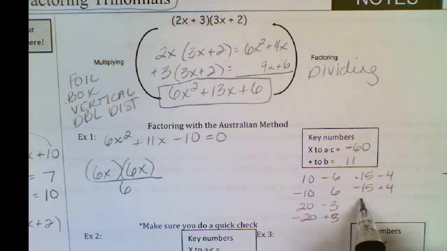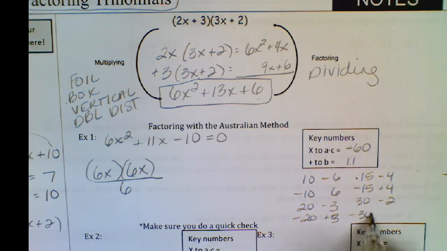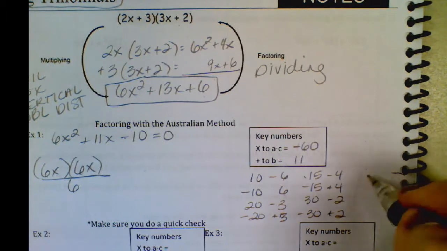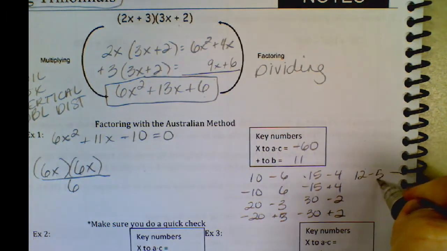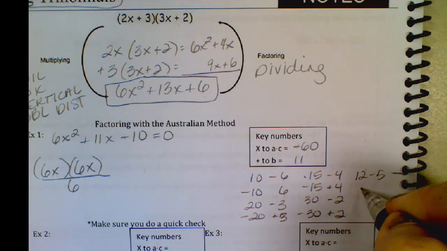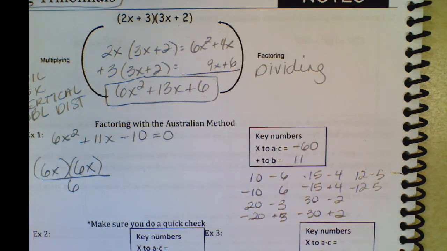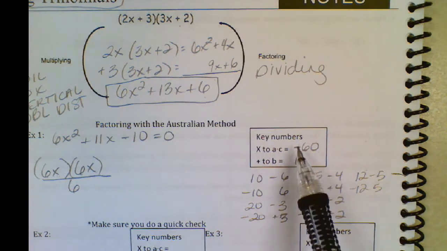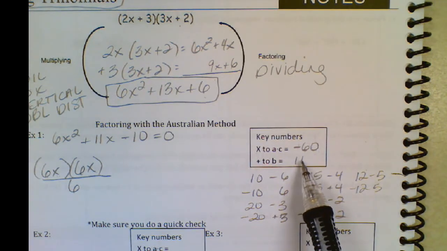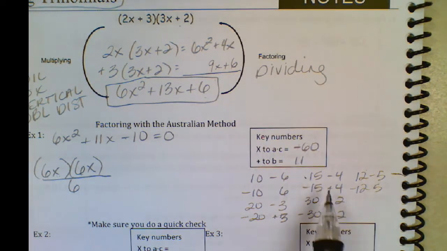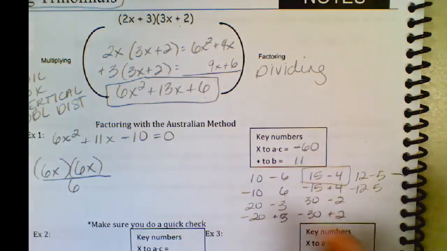You could have 30 and negative 2, and negative 30 and positive 2. There's probably more there. Oh, you could have 12 and negative 5, and negative 12 and positive 5. Lots of possibilities. When you're looking for that, you're looking for the one that has a sum of 11. So that's going to be 15 and negative 4.